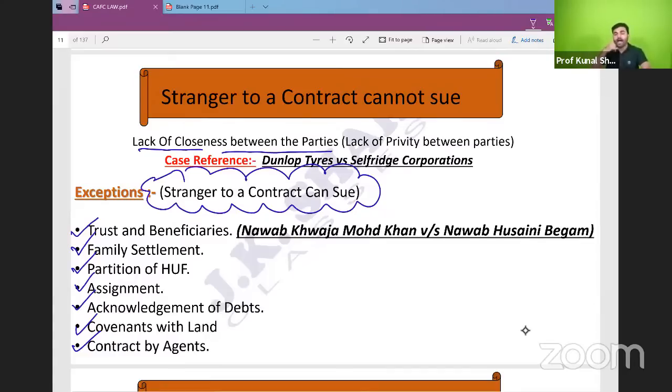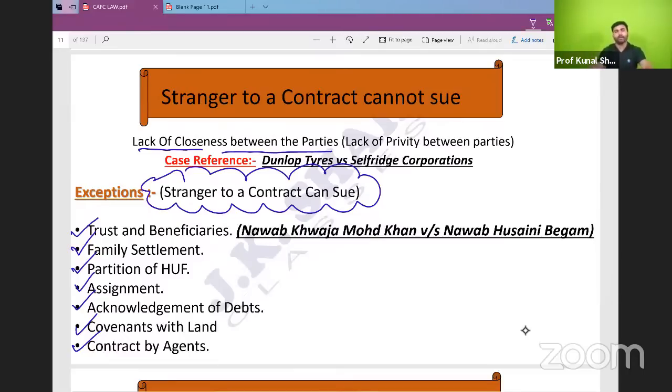On your behalf, I have received the money from Kunal Shah. That money I will pay you in a short time. C said, okay. If B fails to pay the money to C, then yes, there can be a case over here. A person cannot say that a stranger to a contract cannot sue. It is an exceptional case where a stranger to a contract can sue.